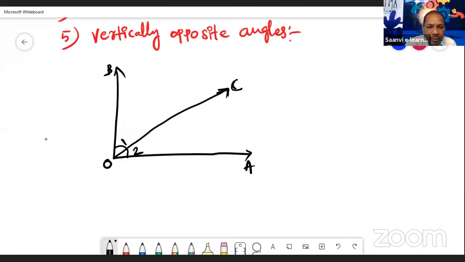See here, the corner point is given as O. And common arm means, see, between these two angles one ray is passing, the ray OC. So this is called the common arm. So for these two angles, only one vertex is there and one common arm is there. So like this, two angles having a common vertex and common arm are called adjacent angles.